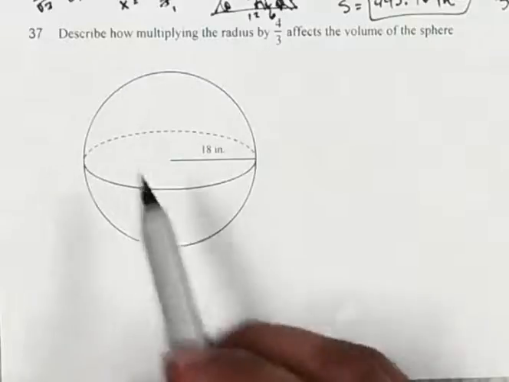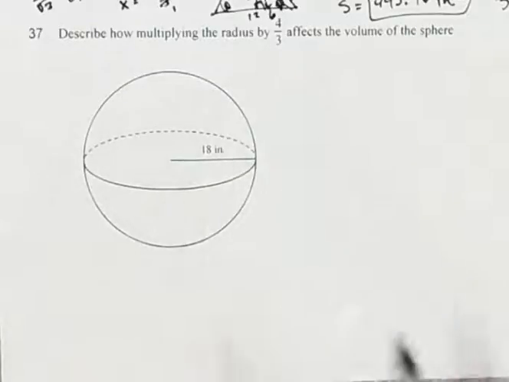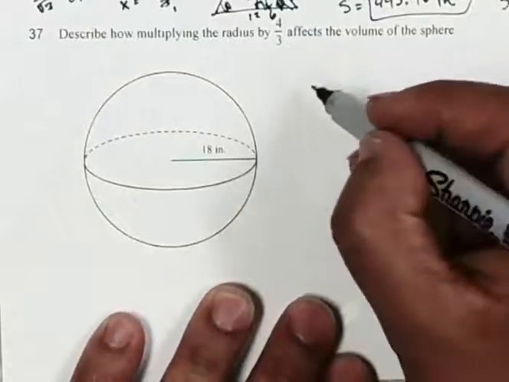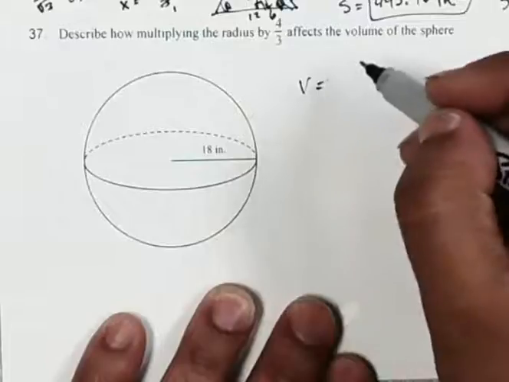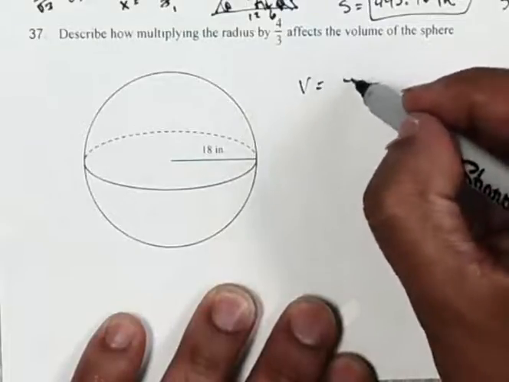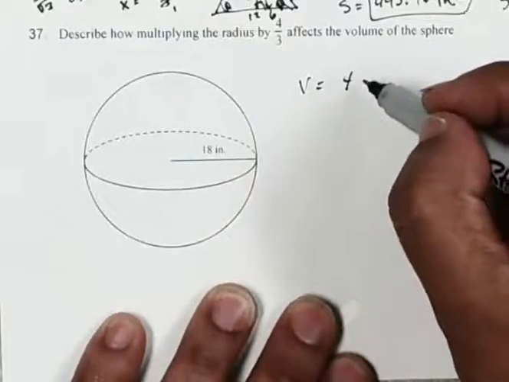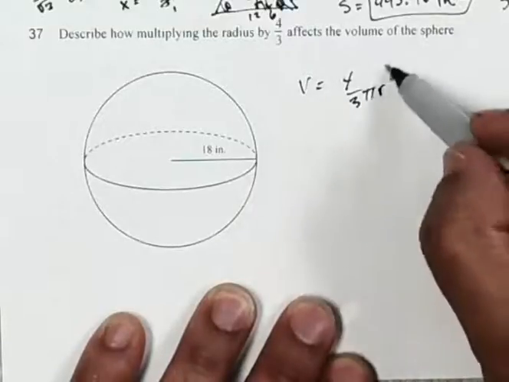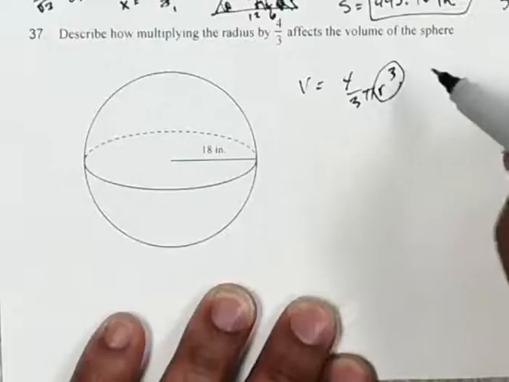Number 37 says describe how multiplying the radius by 4/3 affects the volume of the sphere. Since the formula for volume of a sphere is 4/3 pi r cubed, I'm looking at the radius and I'm cubing the radius.